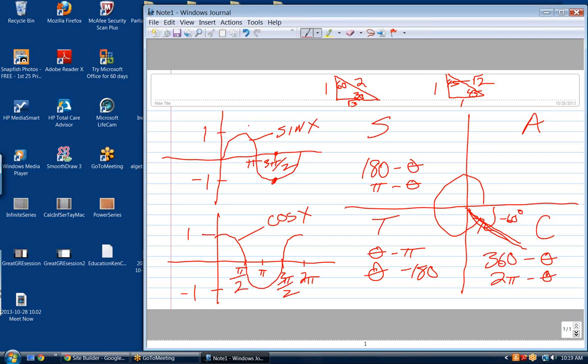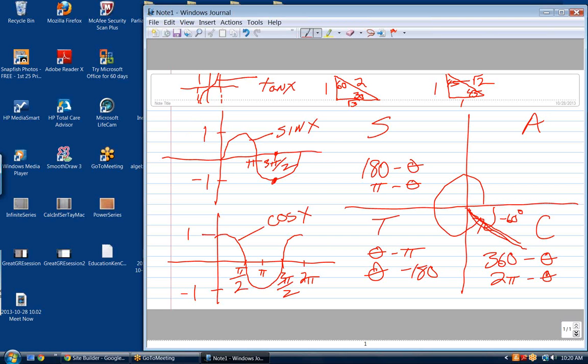And the only third curve you need to memorize would be the tangent curve, which has a couple of vertical asymptotes, and it goes like this. Okay, so what's the tangent of 0? Look at this curve.